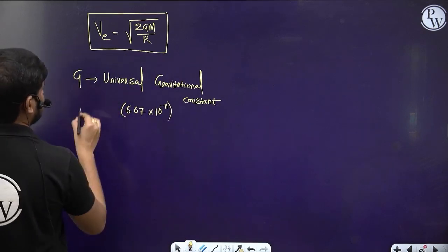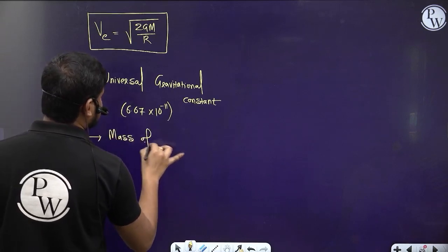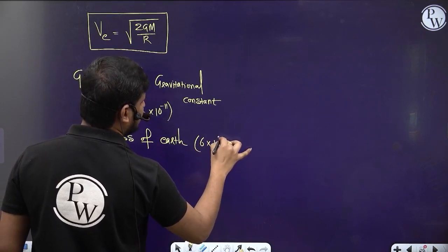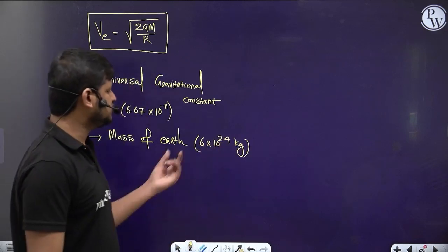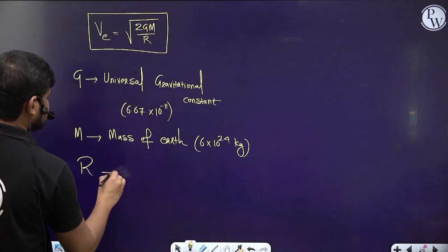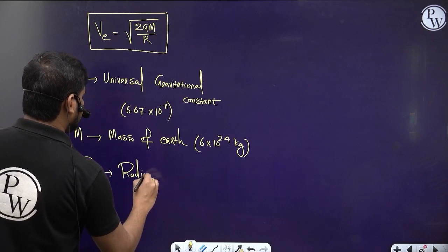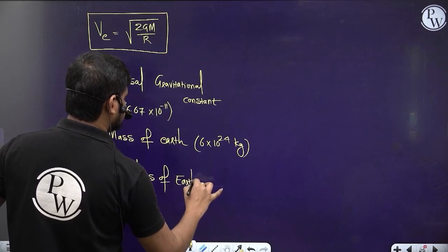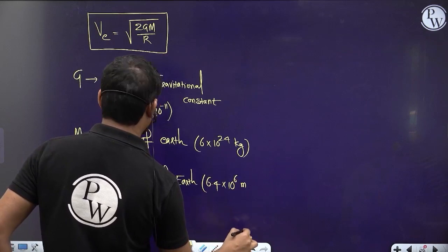Capital M is the mass of the earth, whose value is 6 into 10 to the power 24 kg. Actually it is 5.98 into 10 to the power 24 kg, so you can take it as approximately 6 into 10 to the power 24 kg. And the radius of the earth is 6,400 kilometers, or 6.4 into 10 to the power 6 meters.